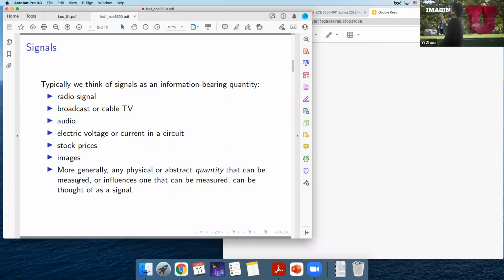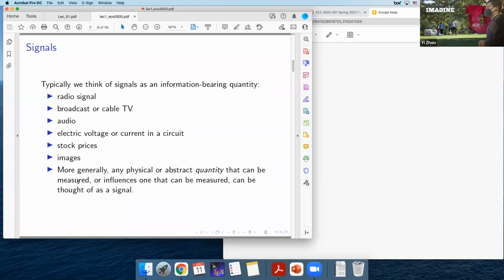Broadcast or cable TV are electromagnetic signals. And audio signals could be electromagnetic or other types of signals. In circuits, we have a lot of voltage and current signals, stock prices, images. You can see that signals exist almost everywhere in all types of forms.